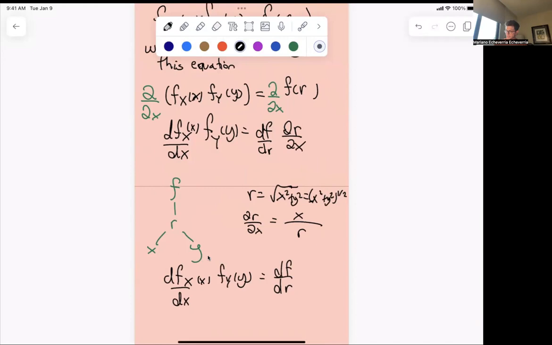The 1/2 comes down, and this becomes minus 1/2, and so that's what you get, the square root in the denominator. But that's just the same as r. And then there's a 2 from the chain rule that cancels the 2 from the 1/2. So that gives you that.